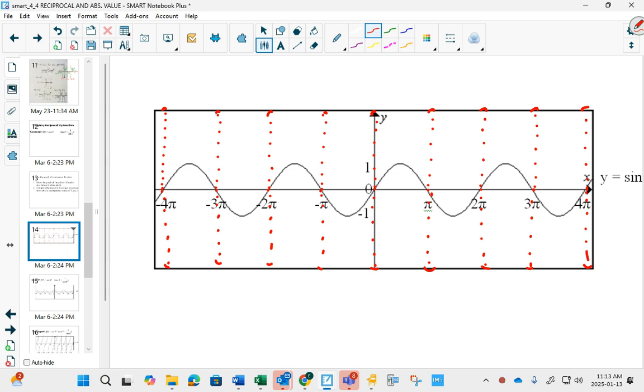Do I draw an asymptote at y=0? No. Because my graph doesn't go up forever. So there's our asymptotes. If you wanted to, look, I'll label one of them. This one's x = pi. You could label them all if you wanted.